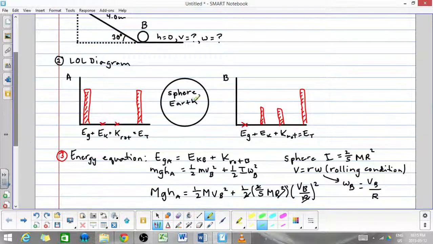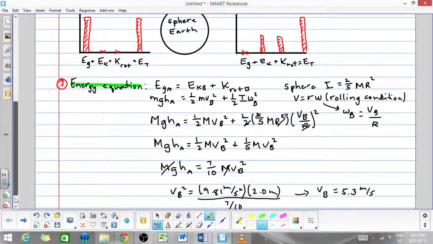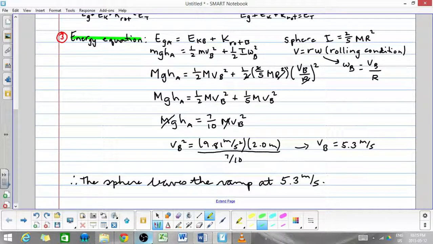Identify your system, draw all your energy bars, your LOL diagram, then take the relevant types of energy, put them into an energy equation, and then go solve. Good luck!